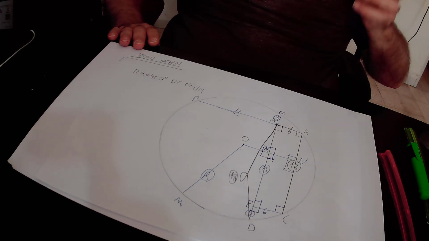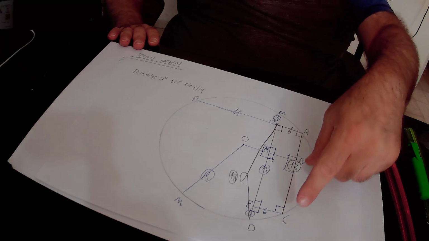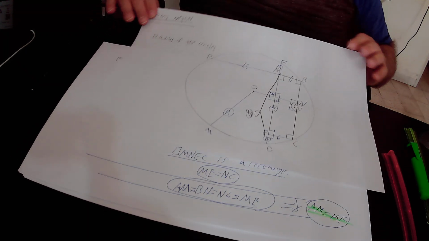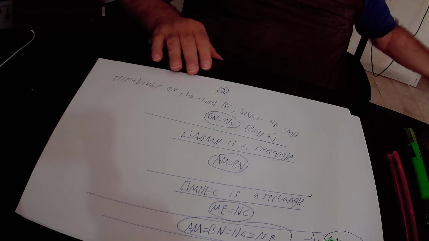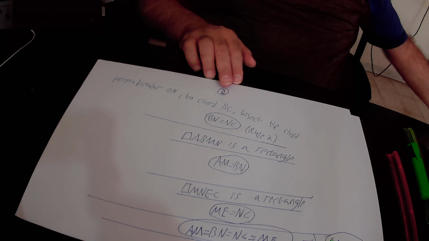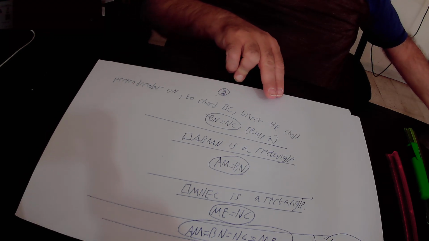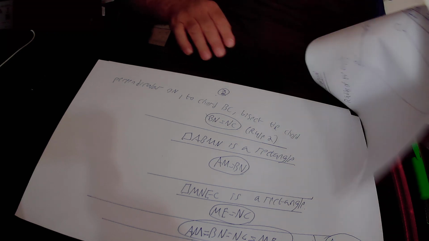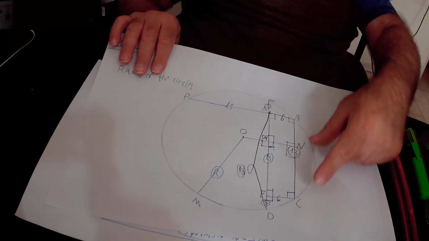Therefore, according to rule number 2, we get that BN equals NC. I repeat again, perpendicular ON to chord BC bisects chord BC according to rule number 2. That is to say, BN equals NC.